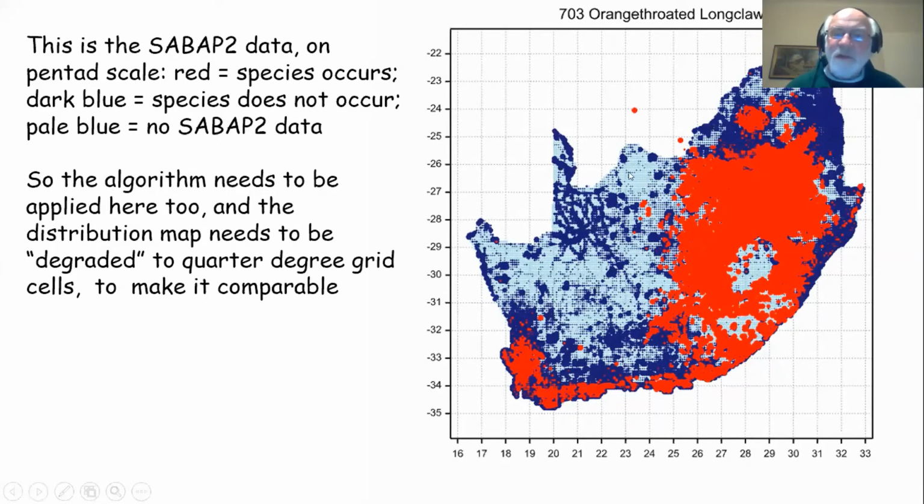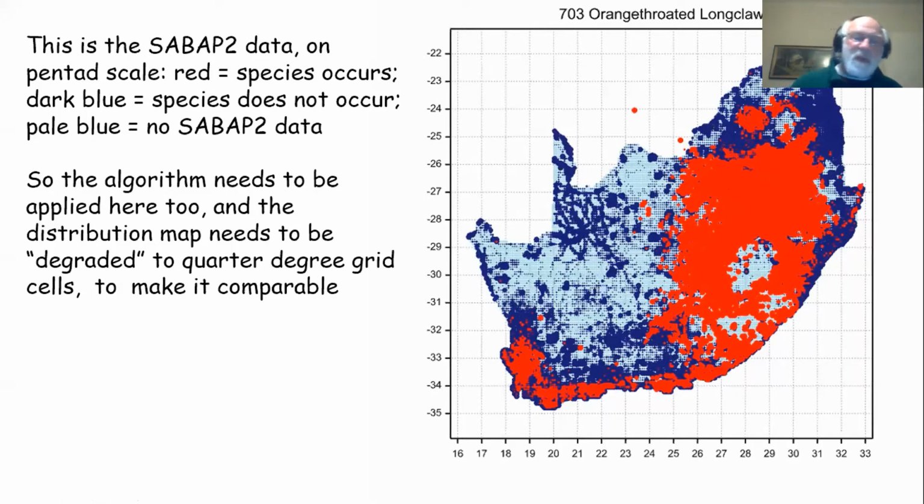So this is real consolation for countries further north, which are battling also with coverage issues. So the first thing that I have to do is to apply the interpolation algorithm to the SABAP2 data, so that I get a complete map of the distribution.